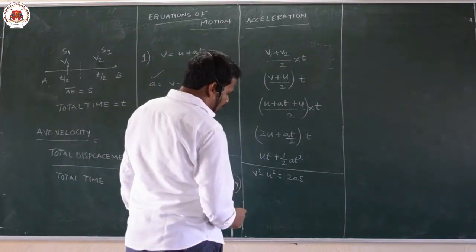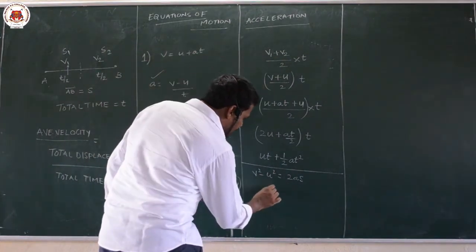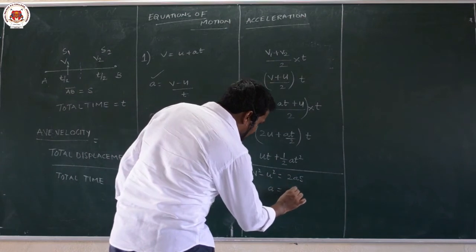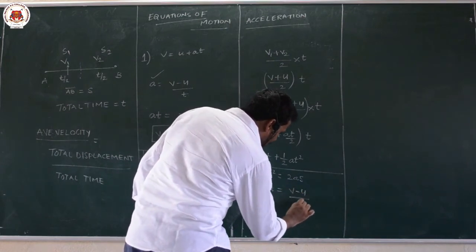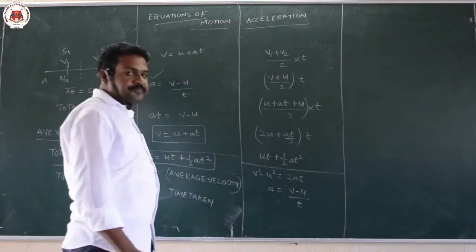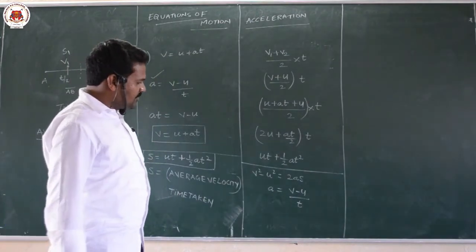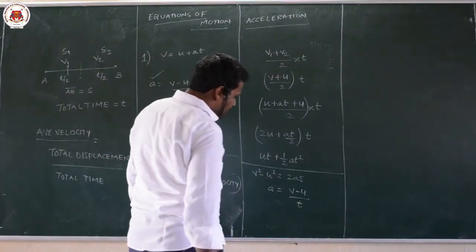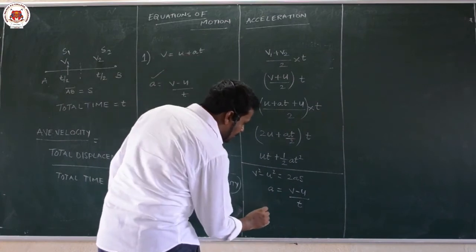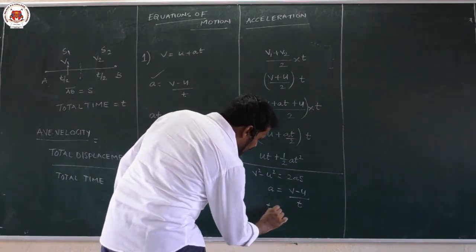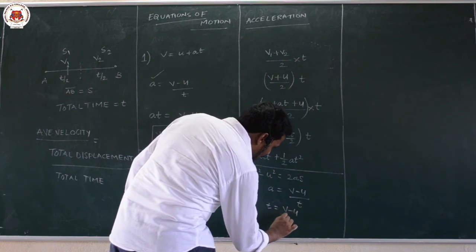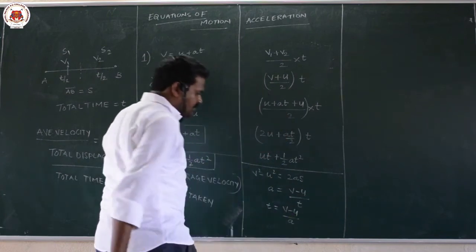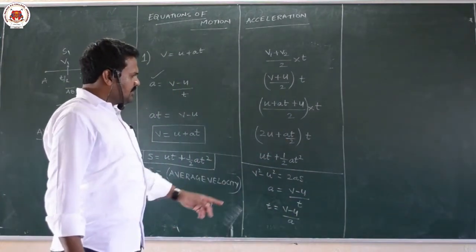You know the definition of acceleration: acceleration is equal to v minus u by t. From this you can write t is equal to v minus u by a. This is time.